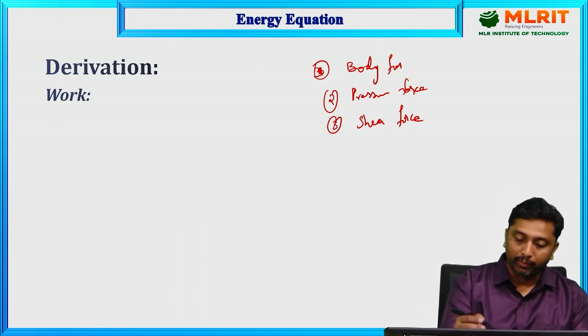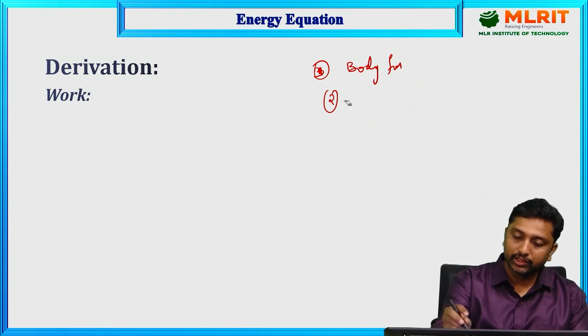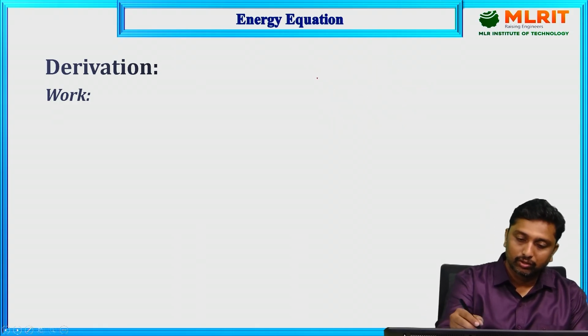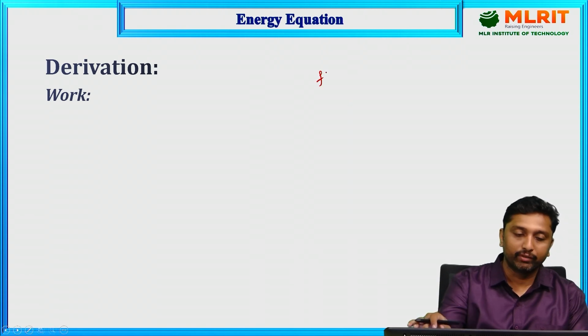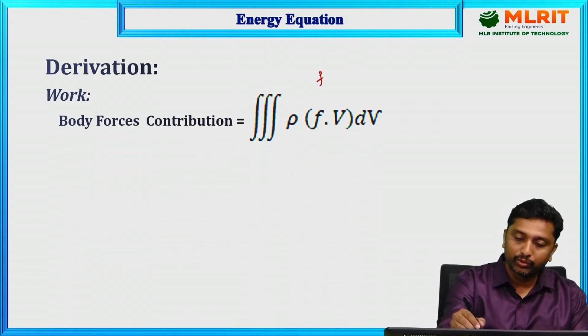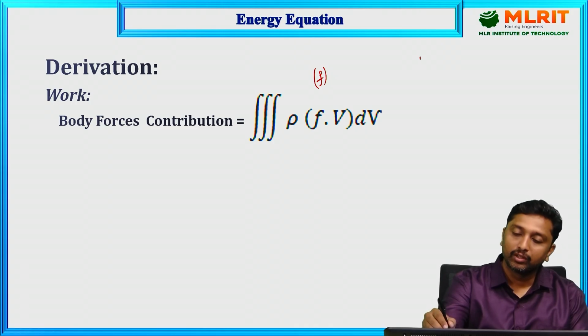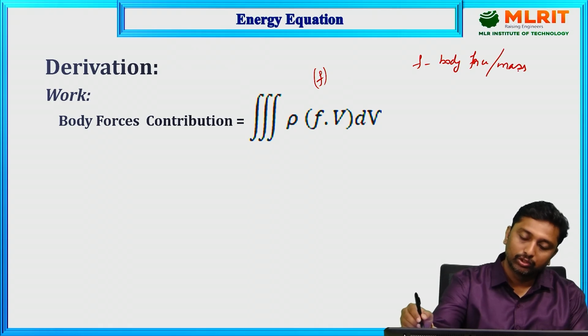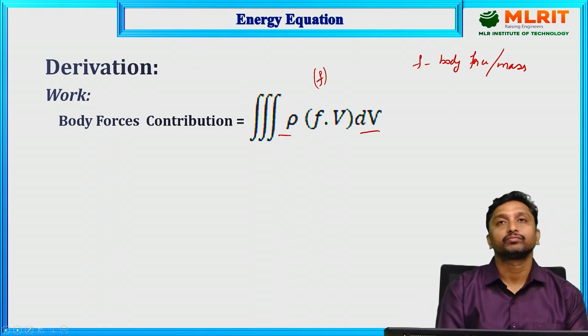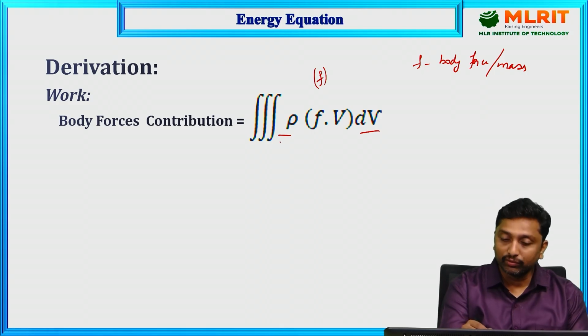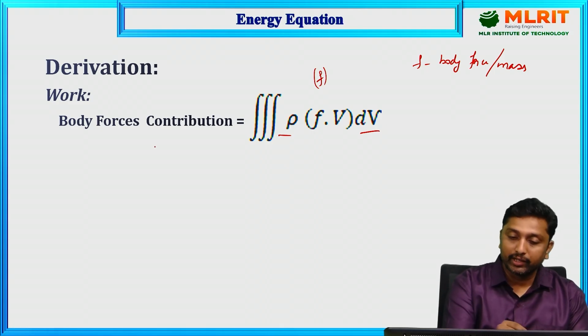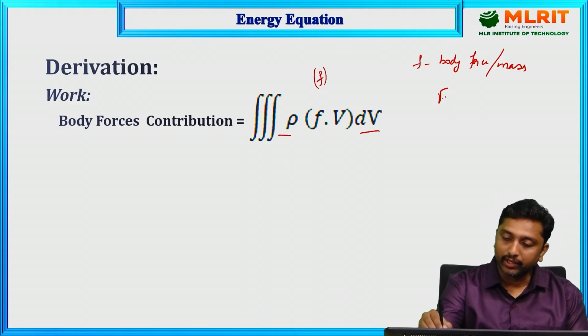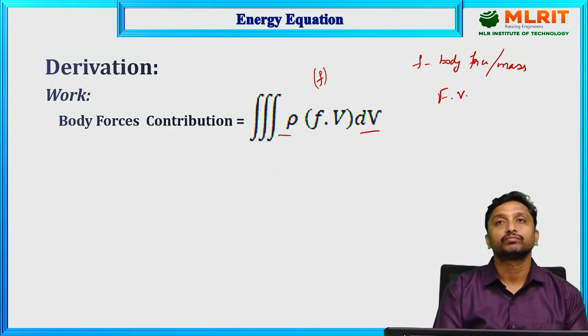So body force, if I consider F as the body force per unit mass, I need to multiply it with mass, and rate of change of work done can be written as force into velocity.